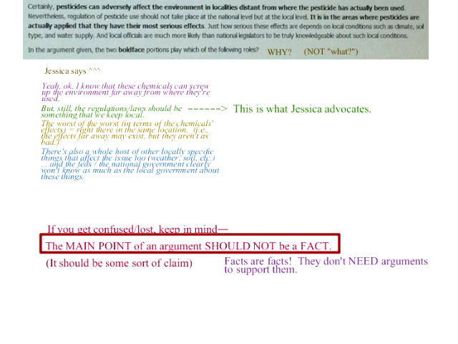It's a possible objection. It's like, here's what the other side might think. Her argument is we should keep it local. That's a reason why you might not think we should keep it local. So this is a possible reason against what Jessica is advocating.